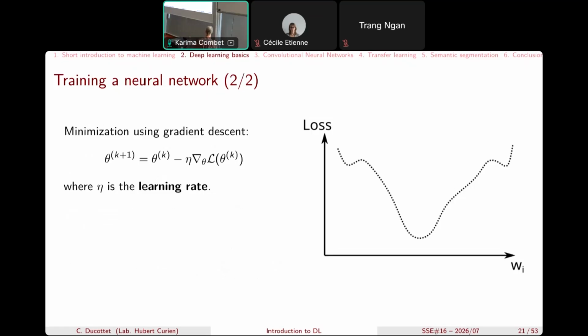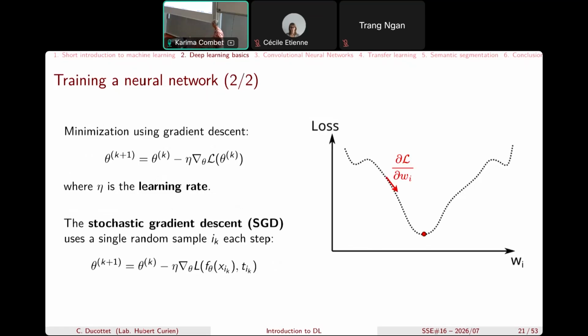So what do we do? In fact, we are using a modified algorithm, which is stochastic gradient descent. It is very simple. Instead of taking all the training samples to compute the gradient, we only choose one sample.